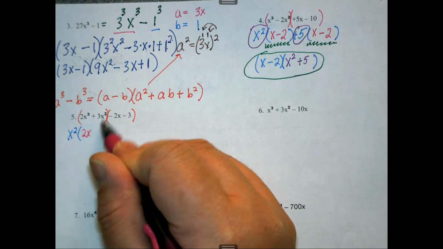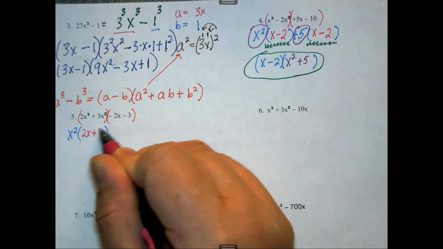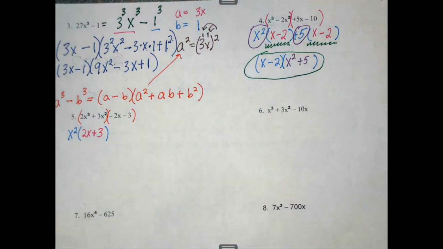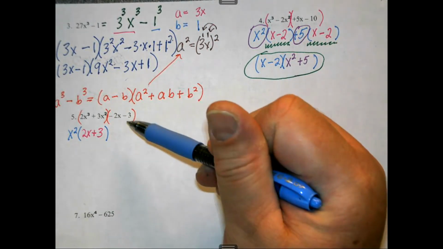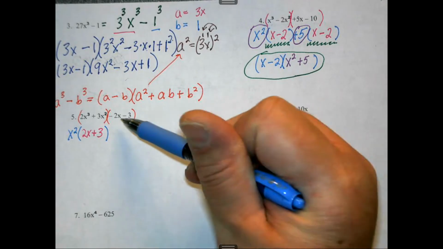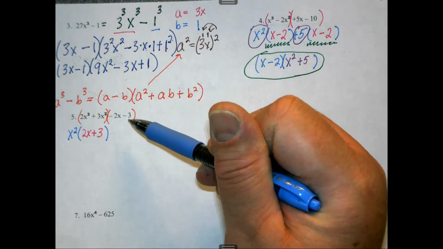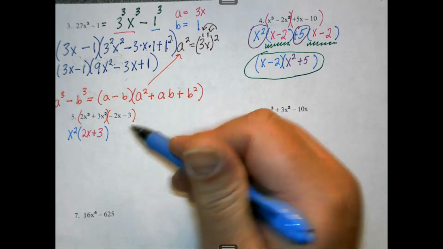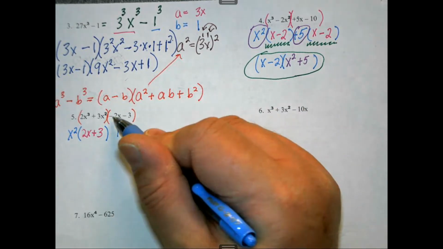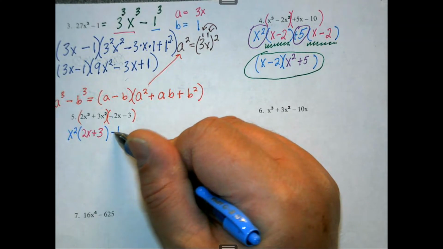The x squares are canceling out, so I have the 3. Good job, Kalina. All right, the second quantity. What can I take out of both terms? Nothing. But I have to take something out. I guess a negative. So I'm going to take a 1 out, and because I have a negative sign there, I'm going to take out a negative.